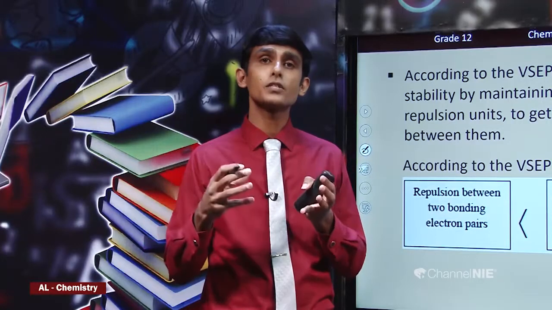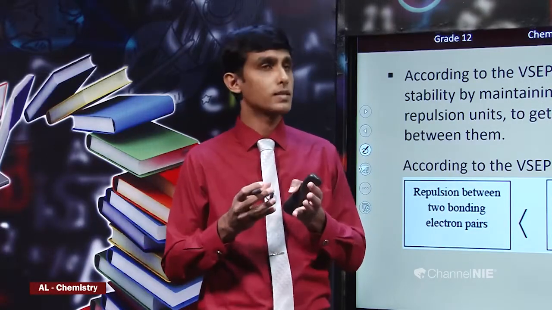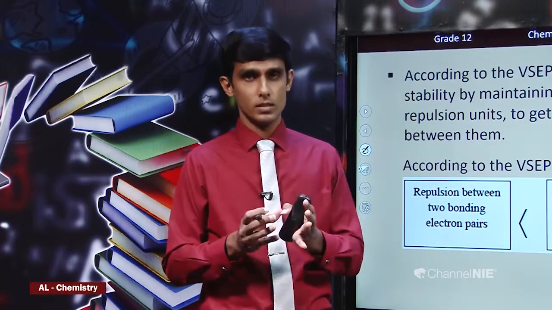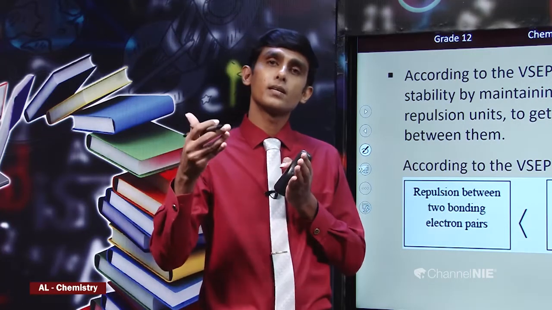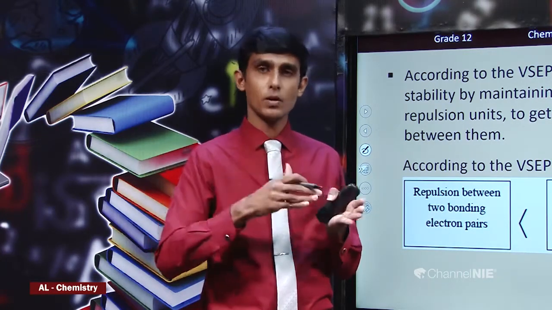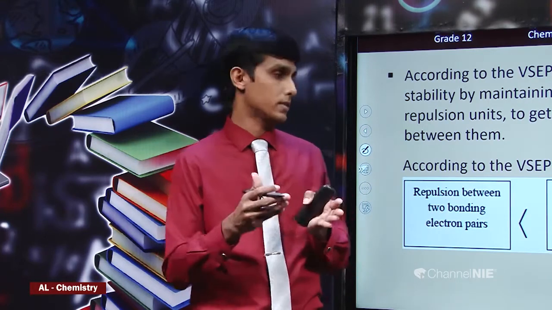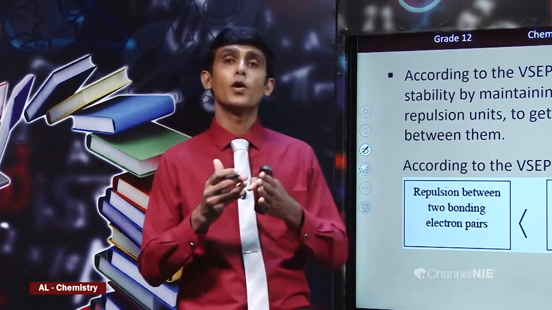After that come the repulsions between lone pairs and bond pairs. Then the weakest is repulsions between bond pairs.